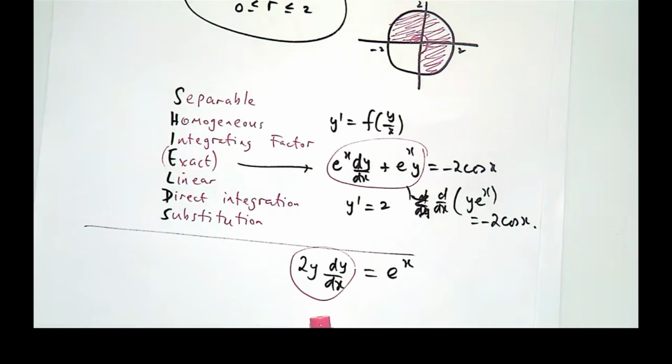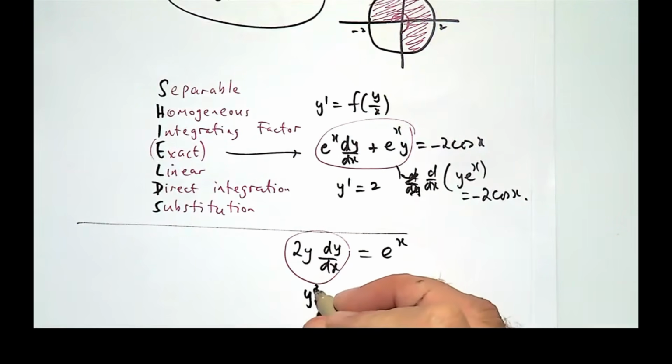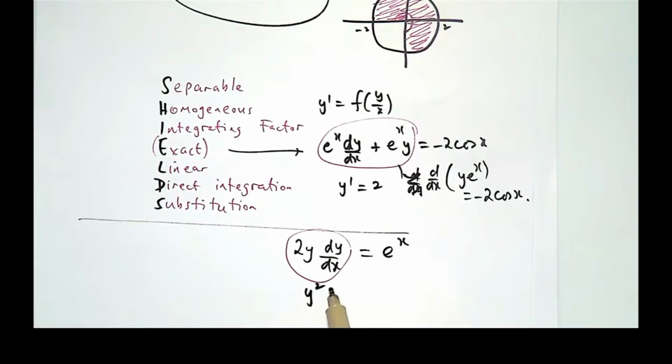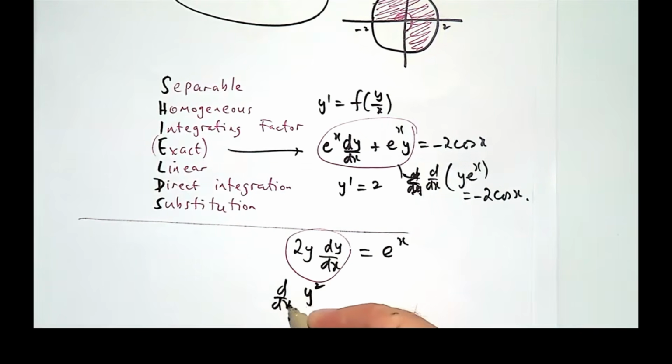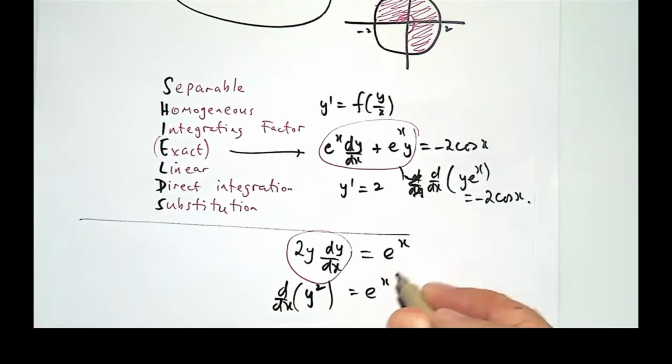Right? If you differentiate y squared with respect to x, you get that. So not only is this problem separable, it's also exact in the sense that it's exactly the derivative of something nice.